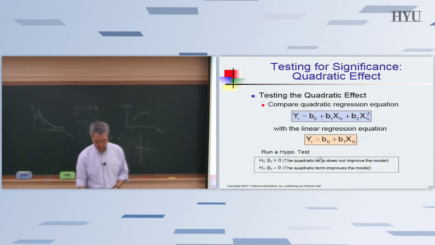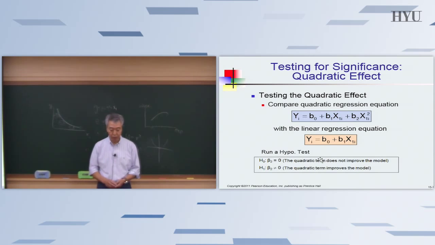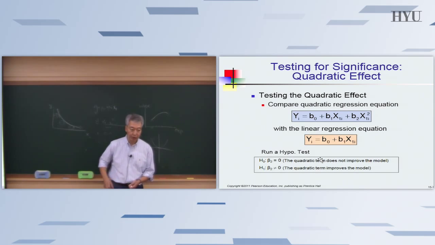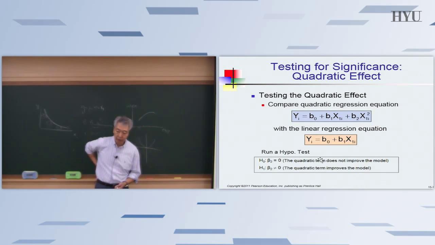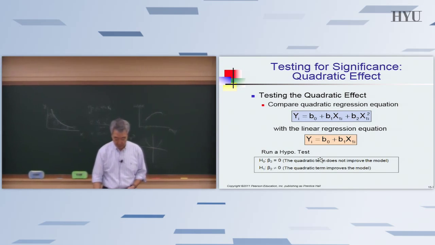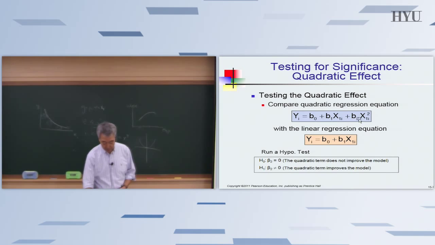If you are interested in finding out just one variable, in other words, whether this quadratic term makes any difference, do we really need to include the quadratic term in our model? Then you can simply run a test on this beta 2. So null hypothesis says beta 2 is equal to 0.